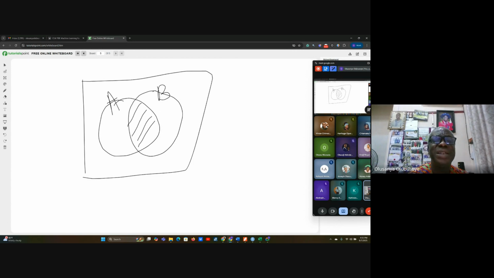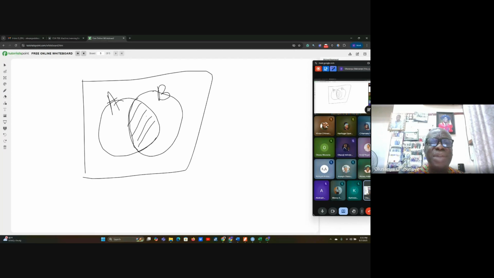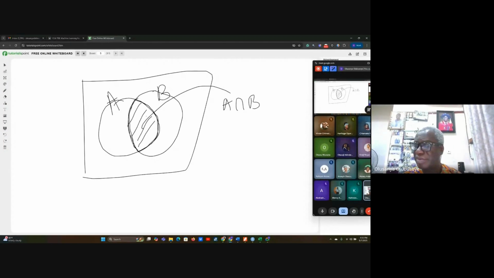This is what we call the intersection of events A and B. So you can regard this place as the part of B that is in A, as well as the part of A that is in B. So this place is called A intersection B. That is what we call the Venn diagram.